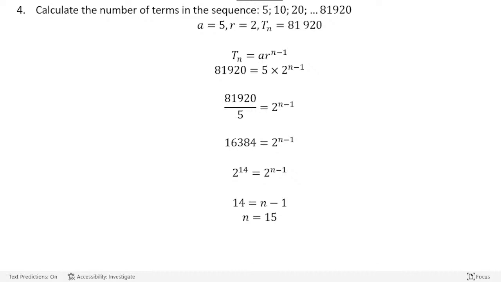If you say T2 divided by T1, and T3 divided by T2, and T4 divided by T3, it should give you the same answer. That will be a geometric sequence. If it's giving you a different answer, you should consider it an arithmetic sequence. For arithmetic, instead of dividing, you subtract. See? Yeah, so you are answered well there.